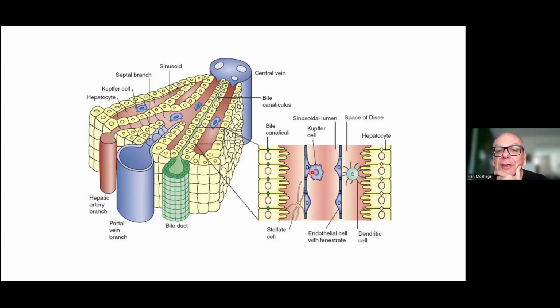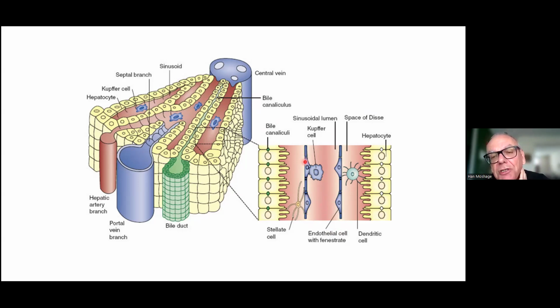In this part of the figure, you can see where these endothelial cells are located. So this is the sinusoid. This is the same as this part, and they are lined by sinusoidal endothelial cells.